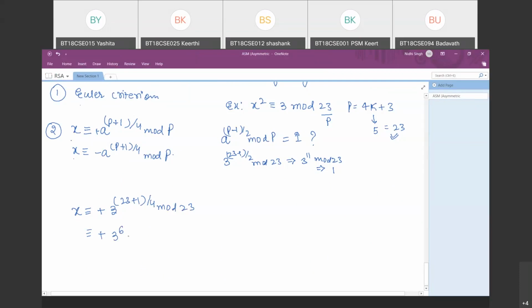So it is 3 to the power 6 mod 23, that is 729 mod 23, and it is 16. So there are two answers: the first one is 16 mod 23 and the other answer is minus 16 mod 23. So this is a shortcut. You do not need to use the hit and trial method.